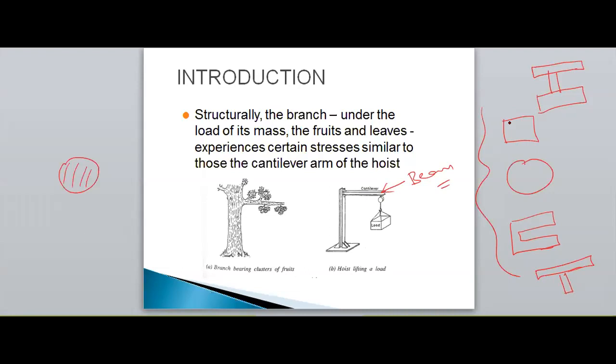According to this cross section only, the bending stresses will be varying. Up to now, we have studied only the forces applied on the beams and how the shear force and bending moments, the bending of the beams. But now we need to study the cross sections of the beams, and according to the cross section, the stresses in the beams will be varying.